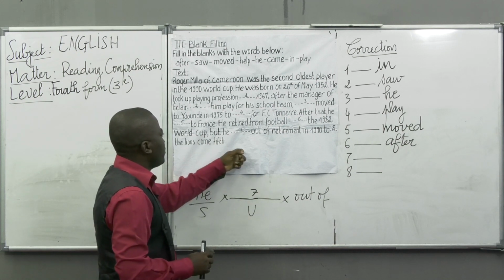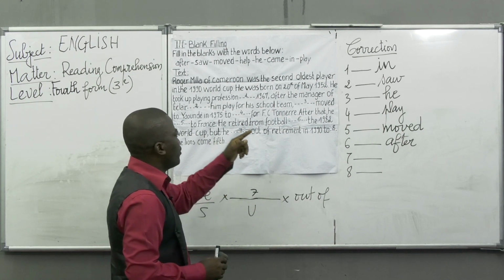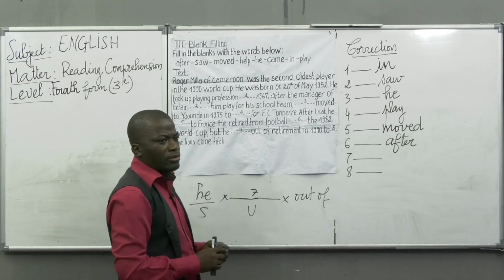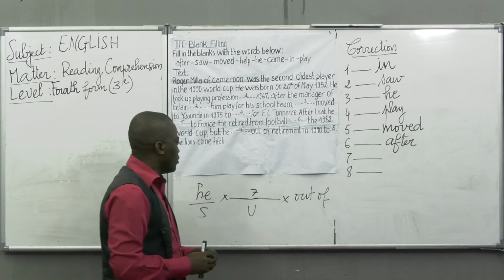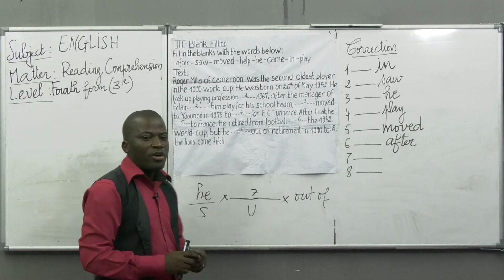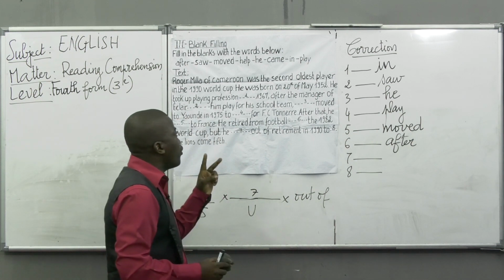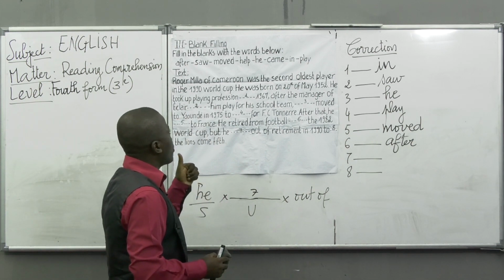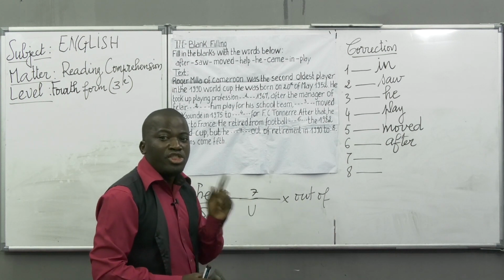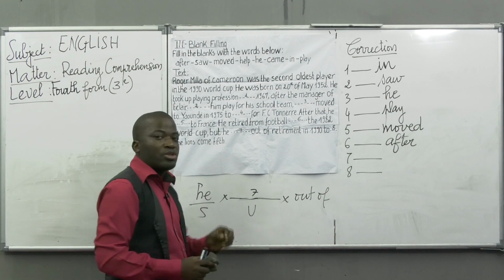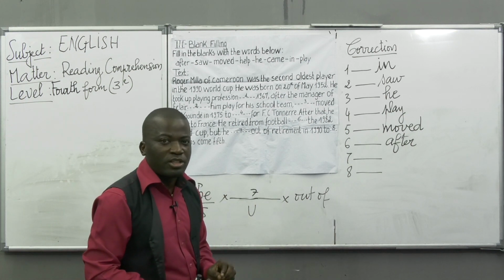But he out of the retirement in 1990. Now, which verb is conjugated? Because we have two verbs. One is conjugated, another one is not conjugated in the past. Then the verb that we should choose is the one which is conjugated.